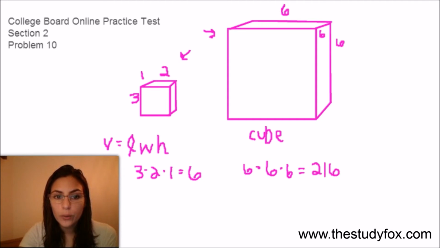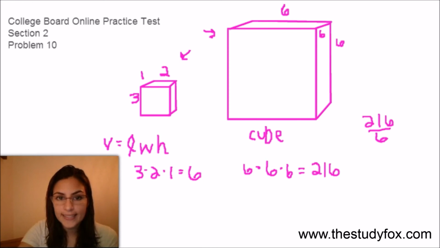Okay, so we want to know how many of little fit into big. Little into big. So we're going to divide little into big. We start with our big, which is 216, and we're going to see how many times 6 can go into that.